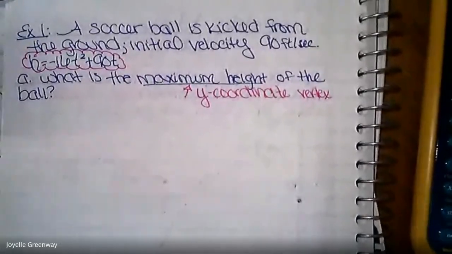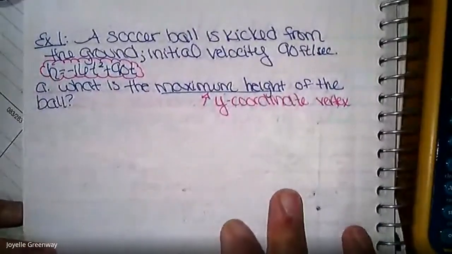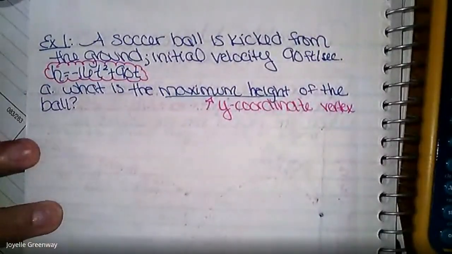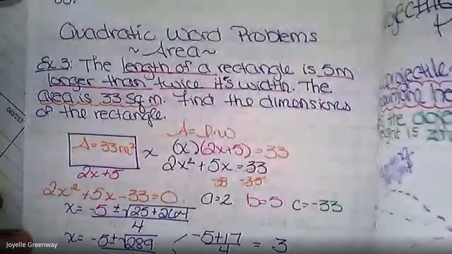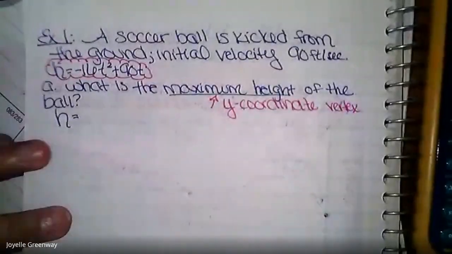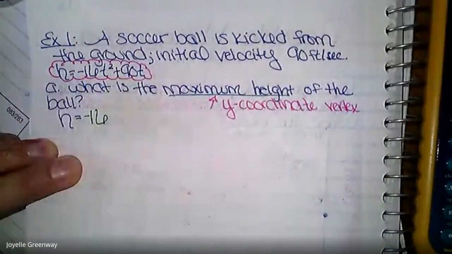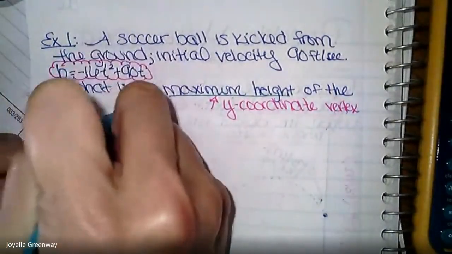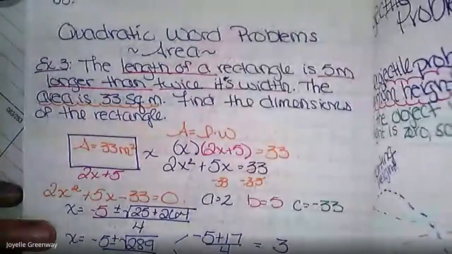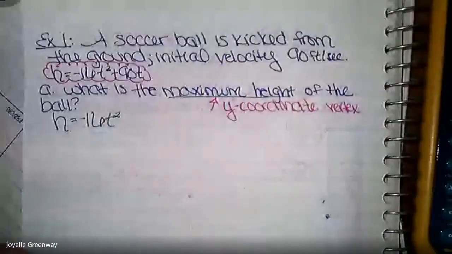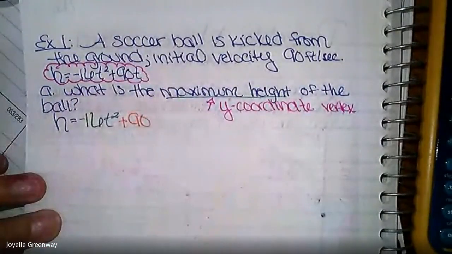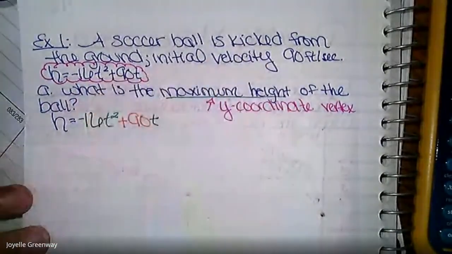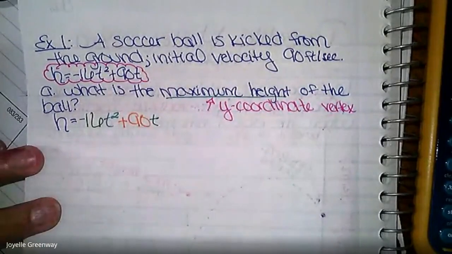So I have h is equal to -16 t squared plus 90t. If I'm looking for my maximum height, I want my y coordinate of the vertex.